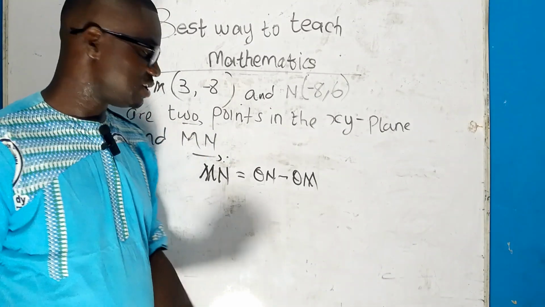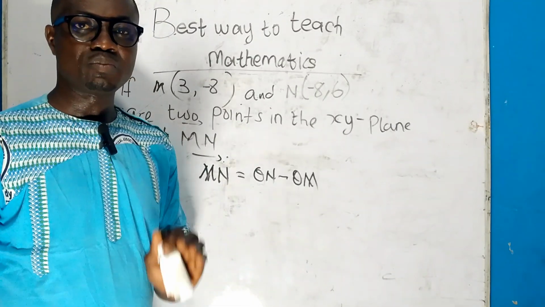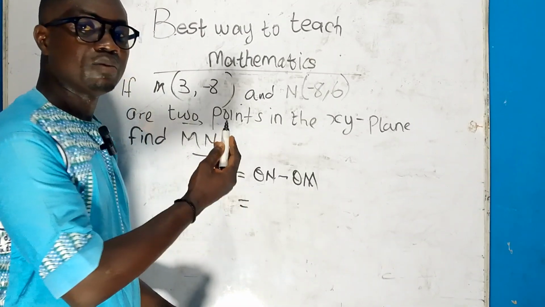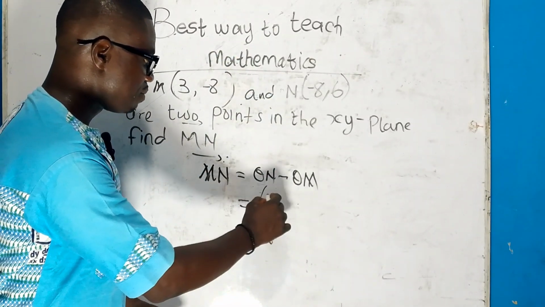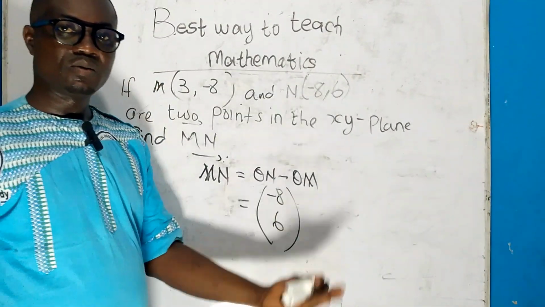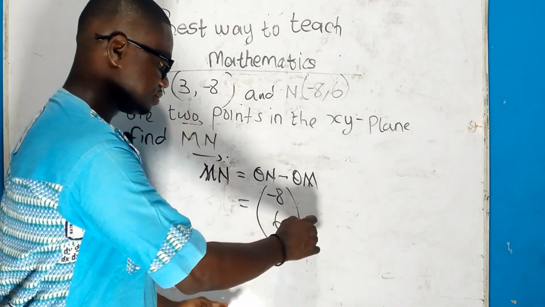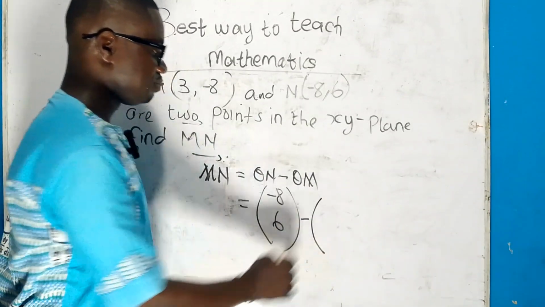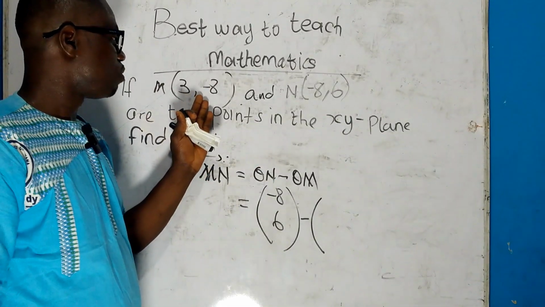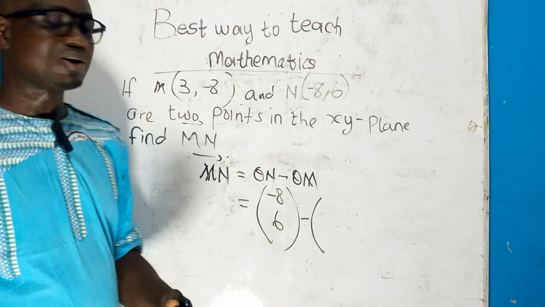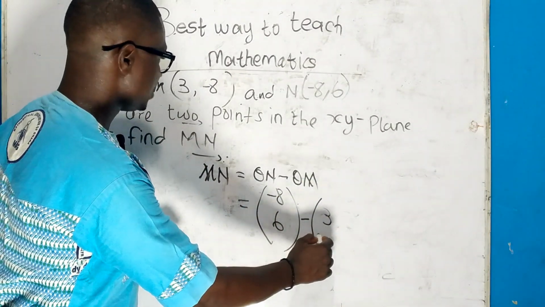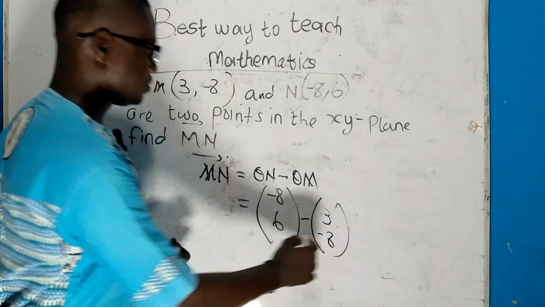To present this in this vector, you should represent it in column form. And I know column form is represented as minus 8, 6. We shouldn't forget our subtraction, minus. Then also present (3, -8). I believe that you can do that in the process. So you have 3, negative 8.